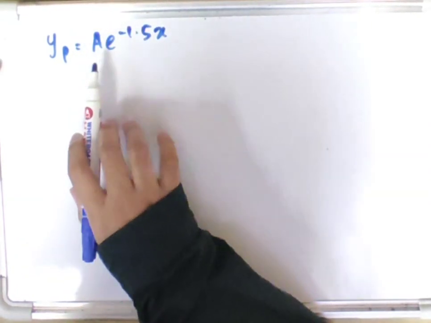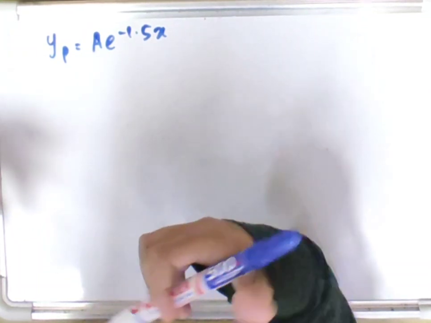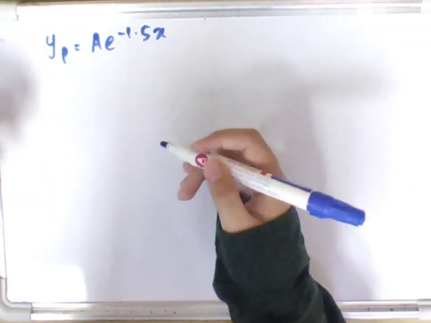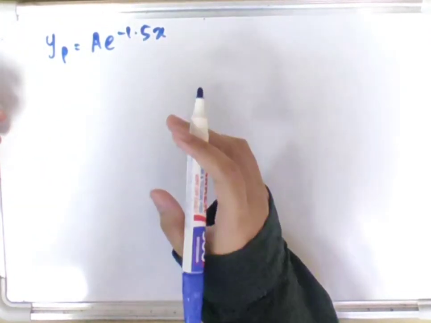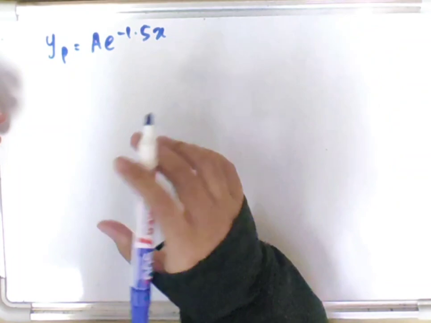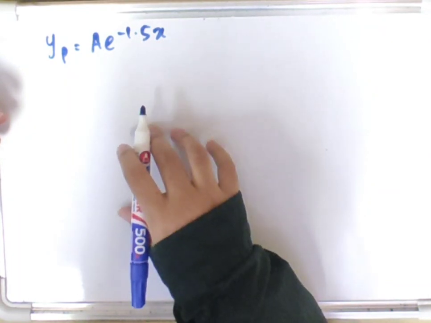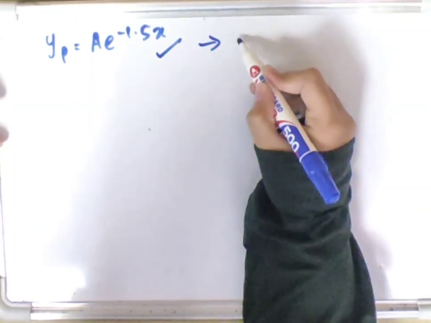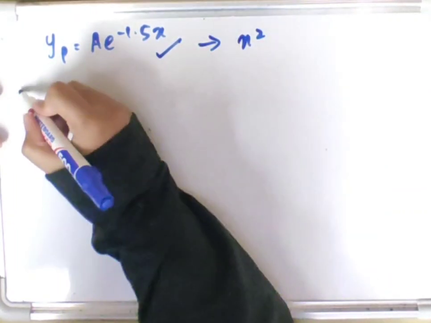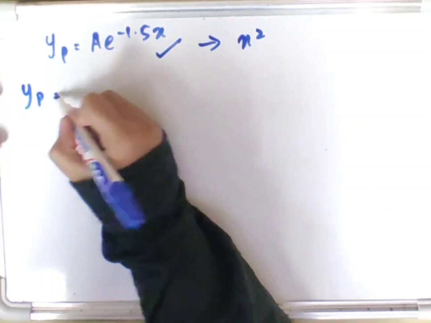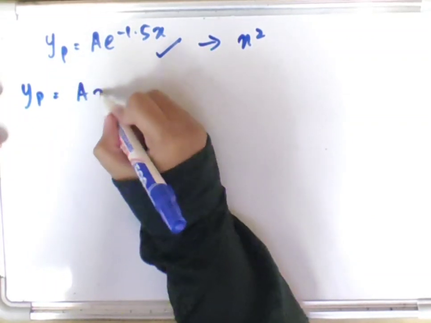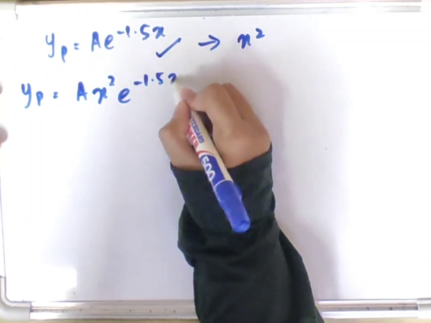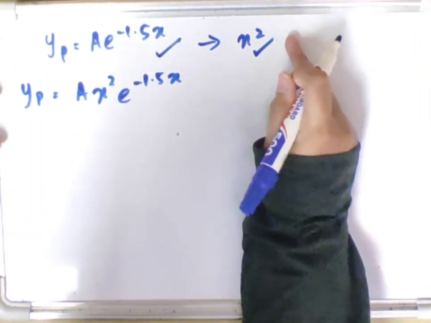If you look at this, it is actually a solution of the homogeneous equation, because the characteristic equation has equal roots. So based on the modification rule, we have to modify our choice by multiplying by x squared.